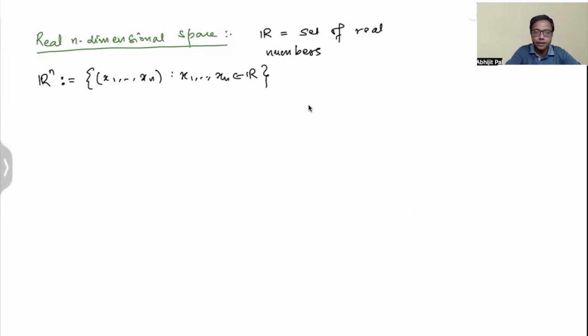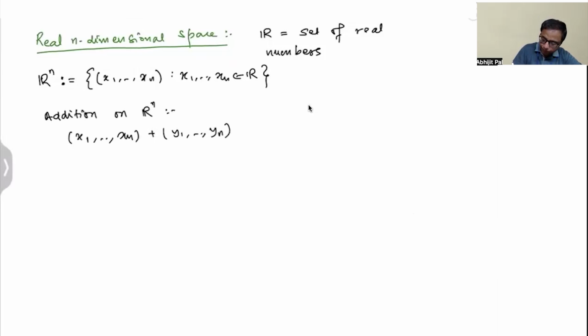Now I have defined the space, and this Rn is a vector space over R. What is the addition on this Rn? If I take any two points, the addition is just component-wise.